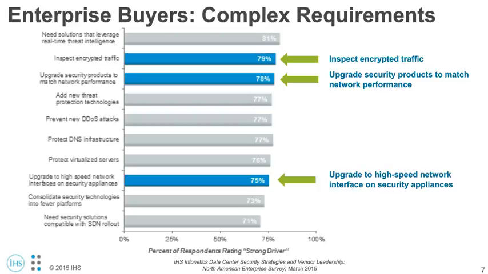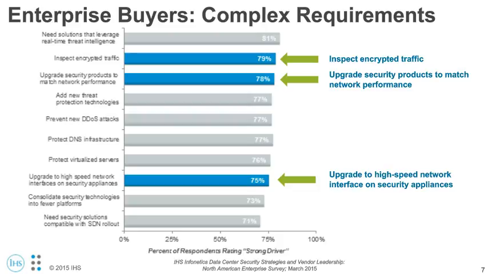And near the bottom of the list, but still critical to 3/4 of the respondents that we asked this question, was upgrading to high-speed network interfaces. So in a lot of cases, people have deployed 10 gig, 40 gig, and even sometimes 100 gig ports, and they need uplinks in their firewalls to connect to the switches.